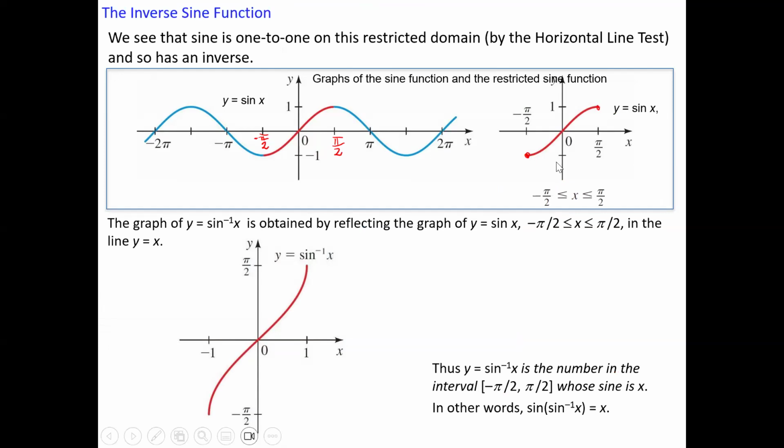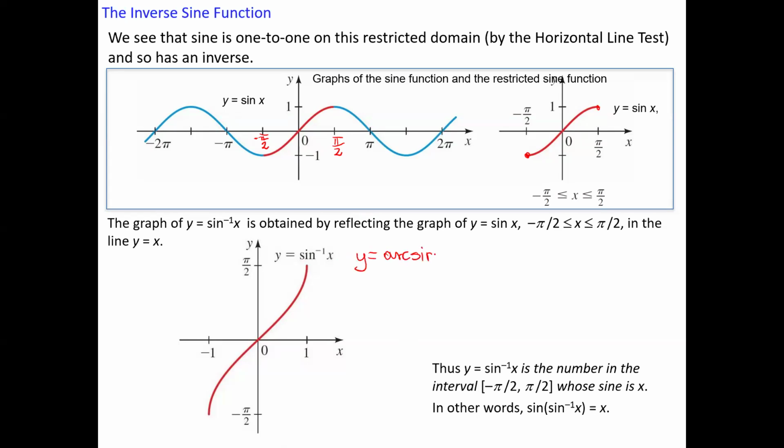From now on, when we think about the inverse sine, we only think about this domain, which will actually become the range, because domain and range interchange for the inverse function. This is the inverse sine function, which we can also call arc sine.